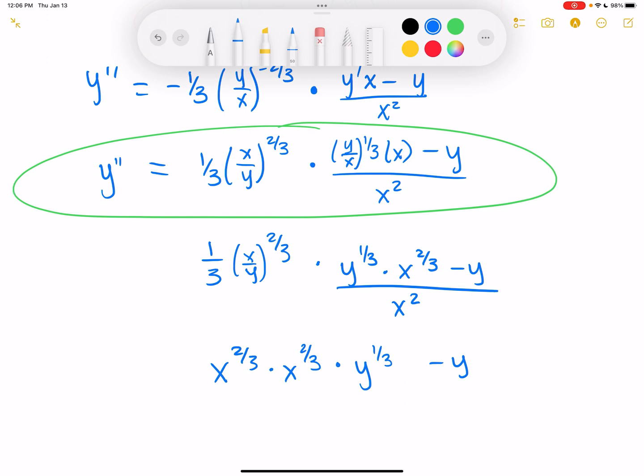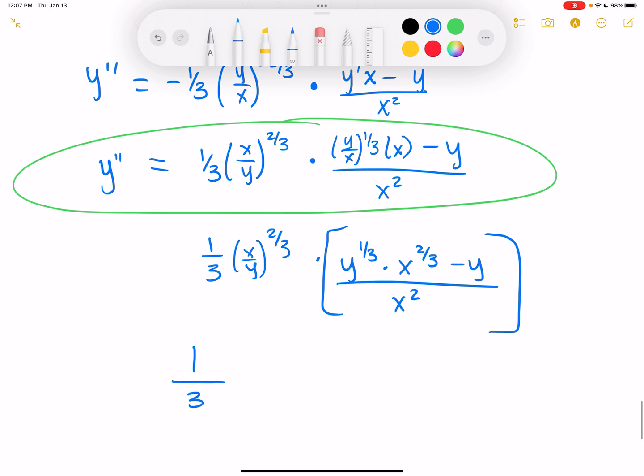Well, I'm gonna still write it, but I've got to do something first, because technically, this is all being multiplied by this. Yeah. But this we can also treat as 1/3 and then times x to the 2/3 over y to the 2/3. So that when it's being multiplied, this stuff's all going to be on the bottom and that stuff's all on the top.